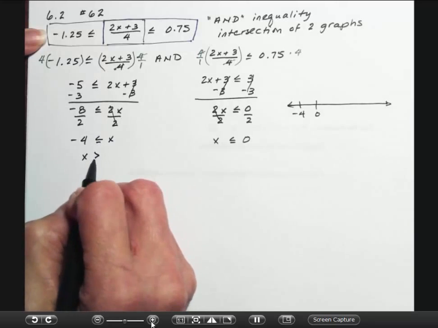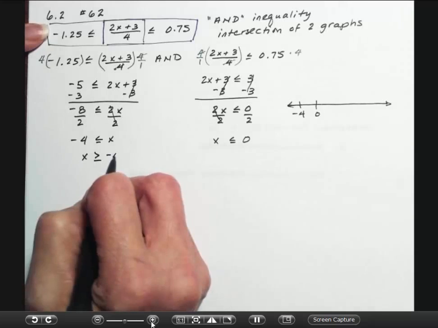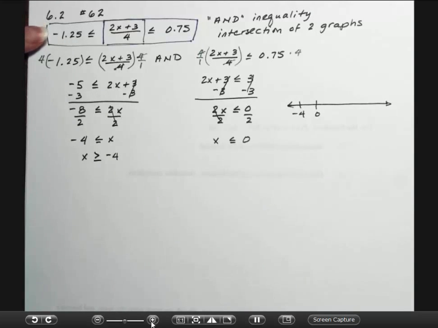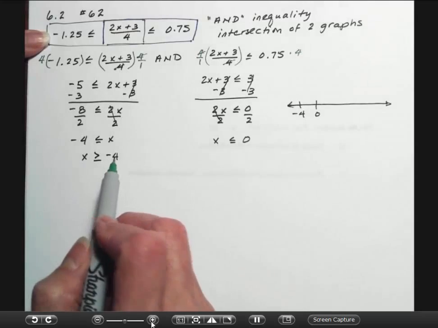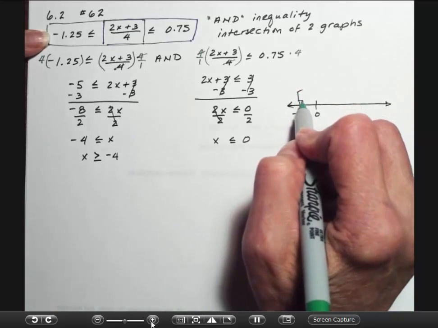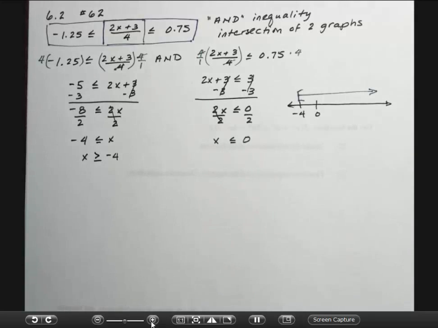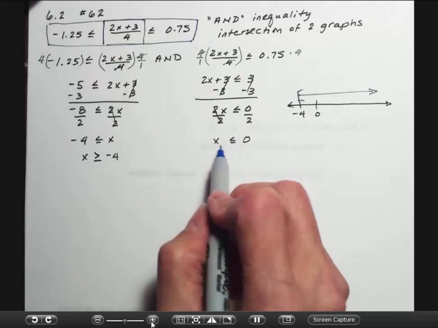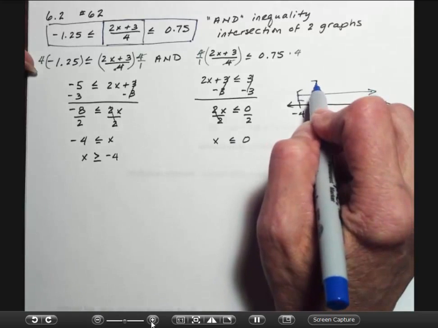So I haven't changed the inequality, it's still with the x the same way. Now it's a little easier to see that x is going to be greater than or equal to negative 4. So greater than or equal to, that would be the greater than part. And then the second inequality is x is less than or equal to 0. So that's going to be over this direction.